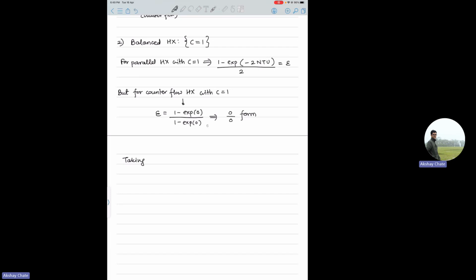So what happens? Taking the limit as C tends to 1, we can write epsilon as the limit as C tends to 1 of the expression: 1 minus exponential of minus NTU (1 minus C) divided by 1 minus C exponential of minus NTU (1 minus C).